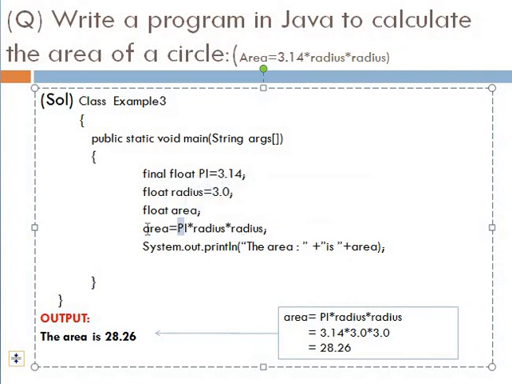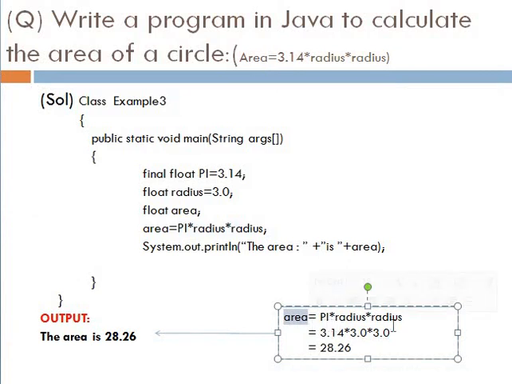So the area will be calculated on the basis of this expression, pi into radius into radius, where the value of pi is 3.14 and the value of radius is 3. This gives 3.14 into 3 into 3, which is 28.26. So the final value of area is 28.26.